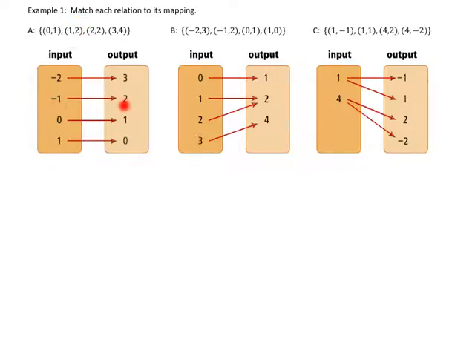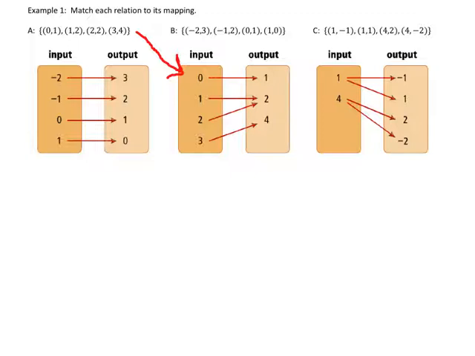This is negative 1, 2, so that's not right. Here it goes from 1 to 2, so this is right. And then we have the point 2, 2, so here's 2, it goes to 2. And the point 3, 4, here's 3, and it goes to 4. So A is matched with this middle diagram. So I'm going to put an arrow there.